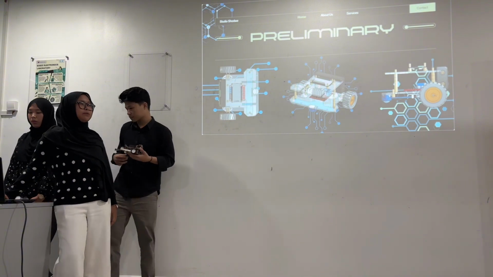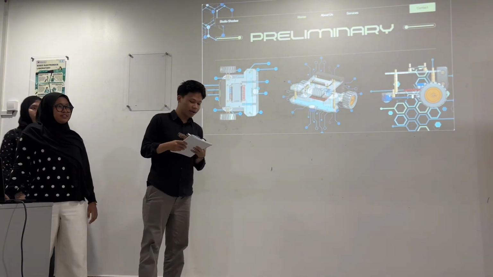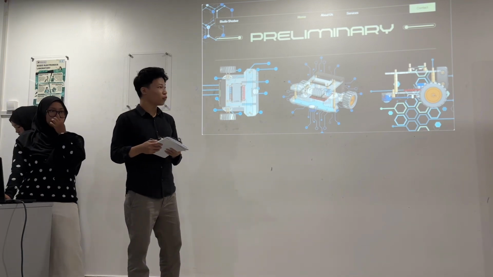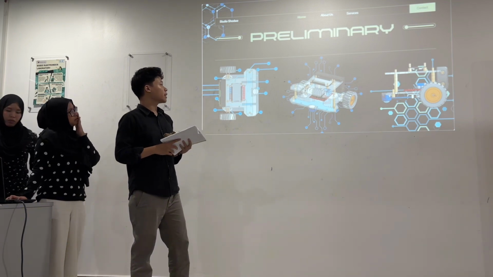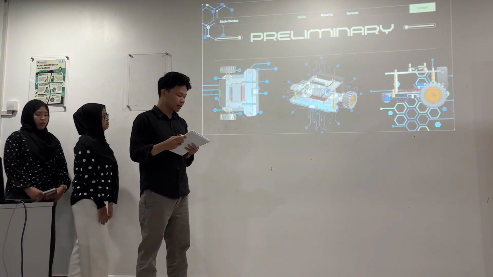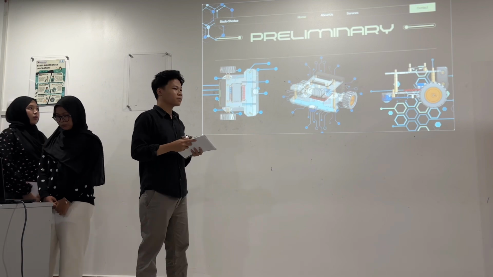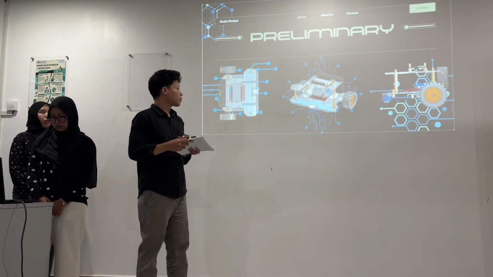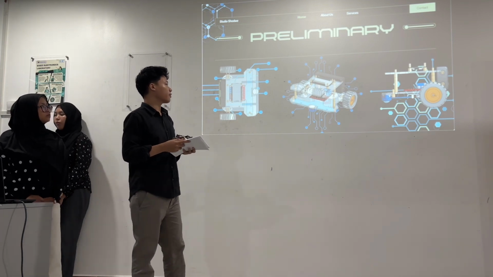Next will be explained by Alex. Here I will explain the design from the start to the final design. First, the preliminary design. Here is our first design, where we took reference from the previous semester, with the battery in the back and the ESP32 on the second floor.